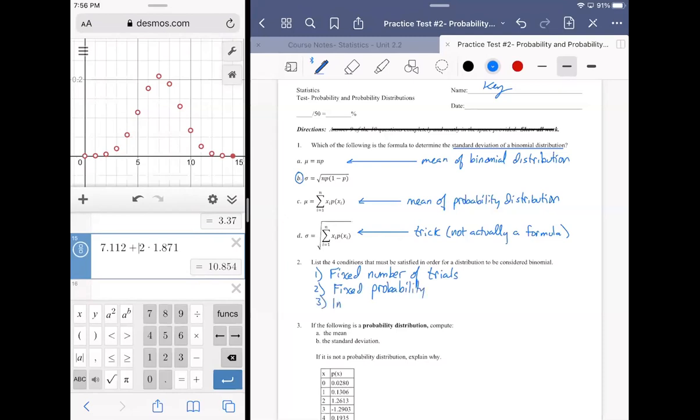Third, you have to have independent events. And lastly, you have to have 2 outcomes. And those 2 outcomes would be success or failure, but it doesn't really matter. Those 2 outcomes could be up or down. It doesn't make a difference.